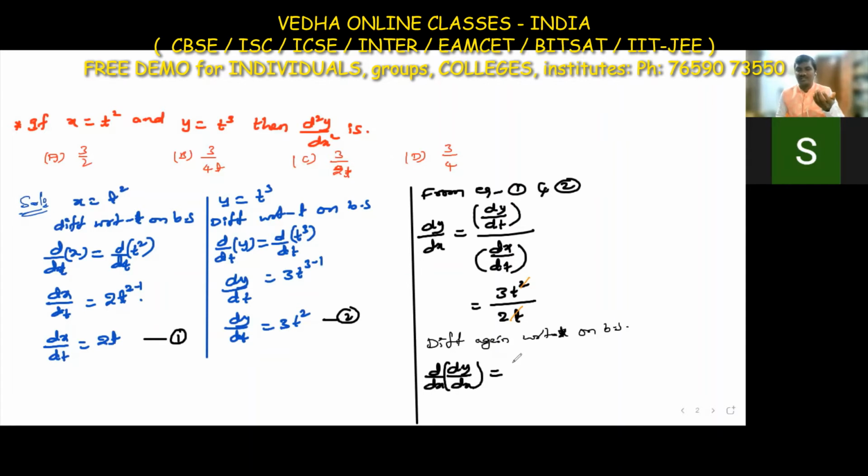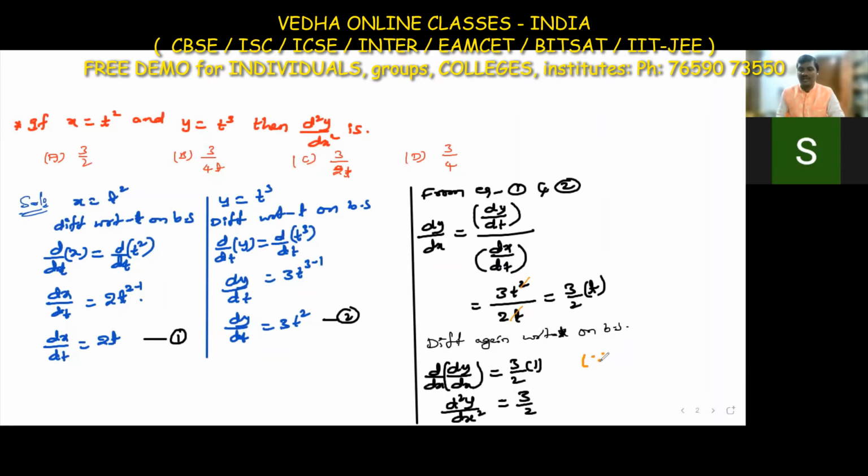The 3 by 2 stays as it is, and we differentiate the t, so we get 3 by 2 into t. d by dx of x is equal to 1, so here d by dx of t is also 1. So we can write it as d square y by dx square, and the final answer is 3 by 2 into 1, which is 3 by 2 only.